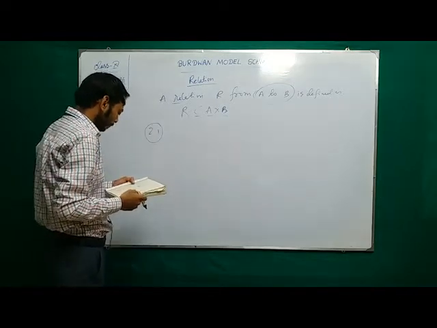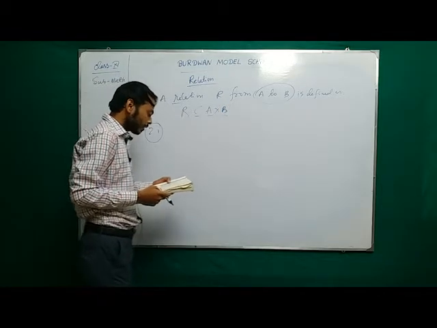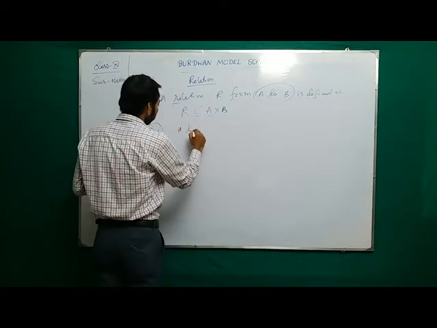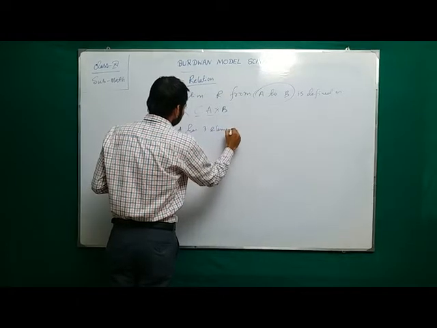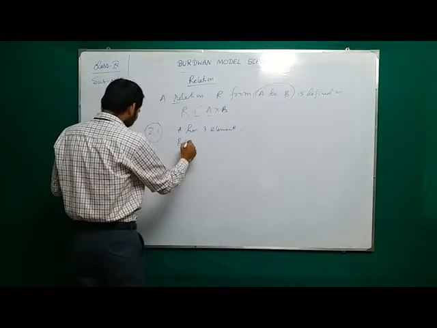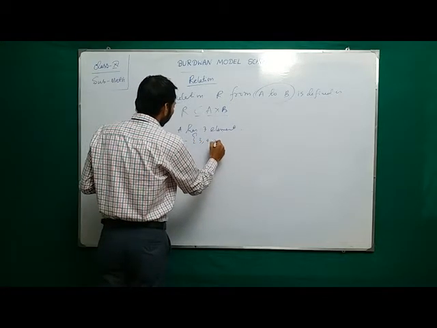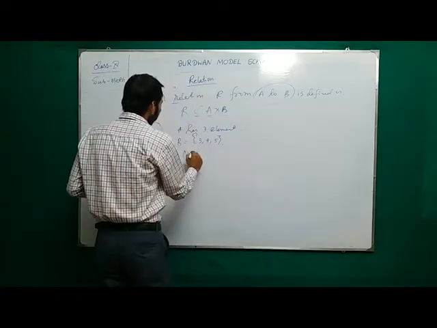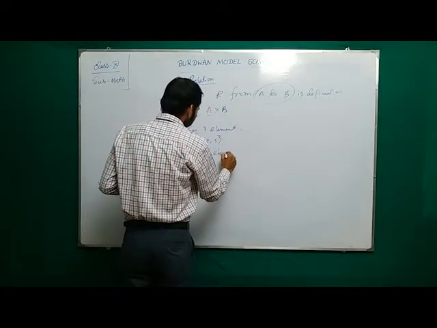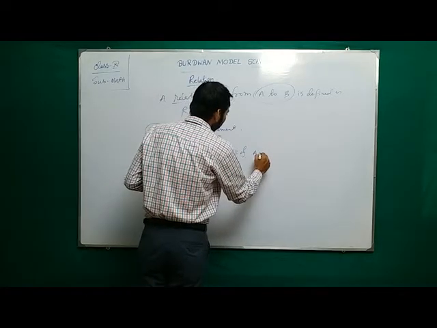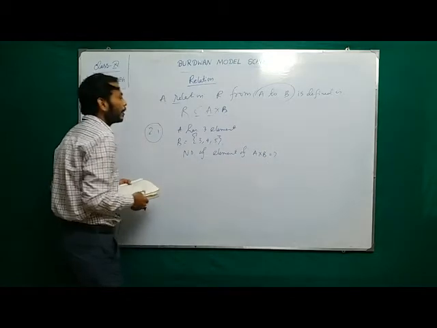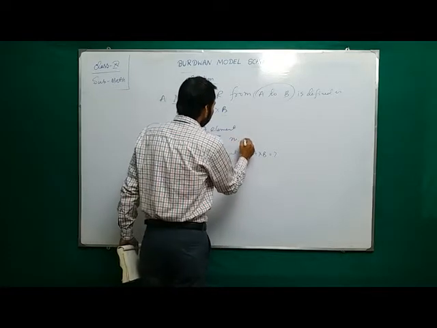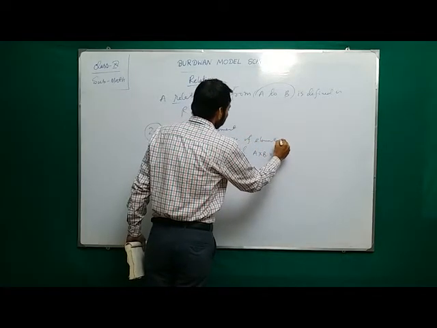Question number 2. Just go through the question with me. If the set A has 3 elements and the B is containing 3, 4, 5, then find the number of elements of A cross B. You can see here A contains 3 elements, also B contains 3 elements.